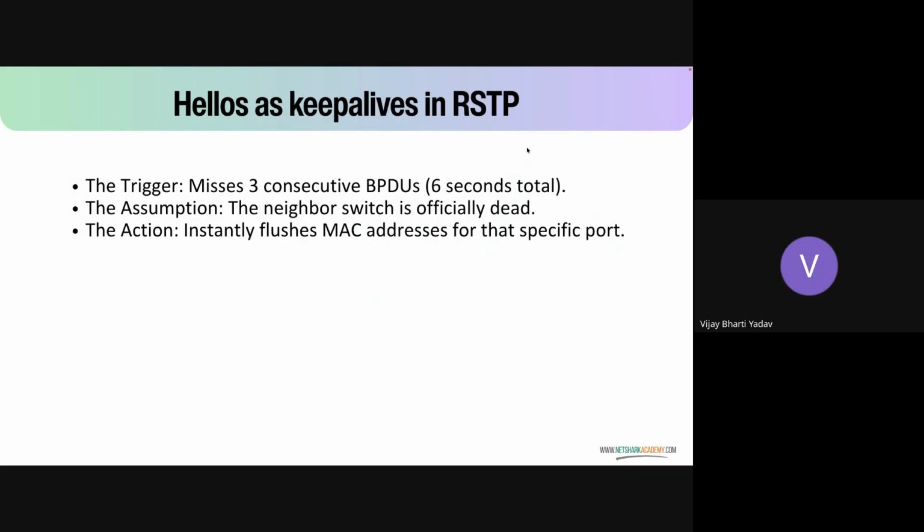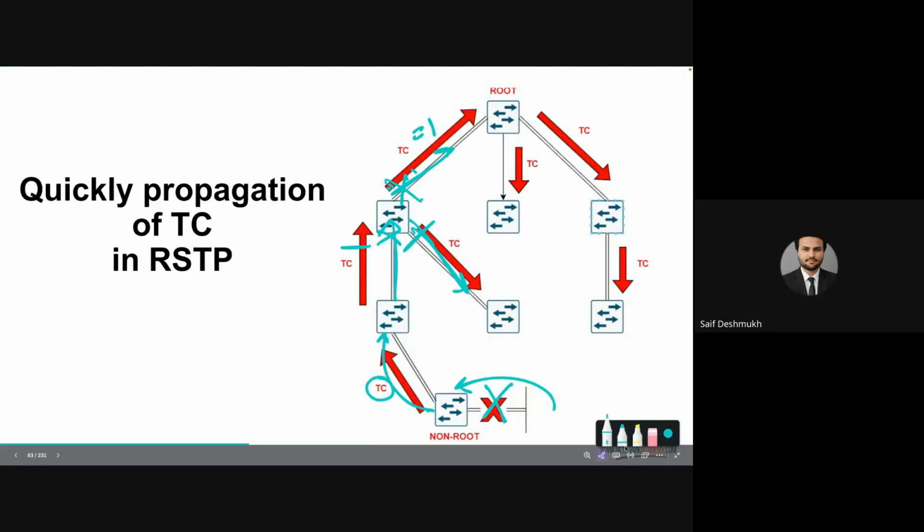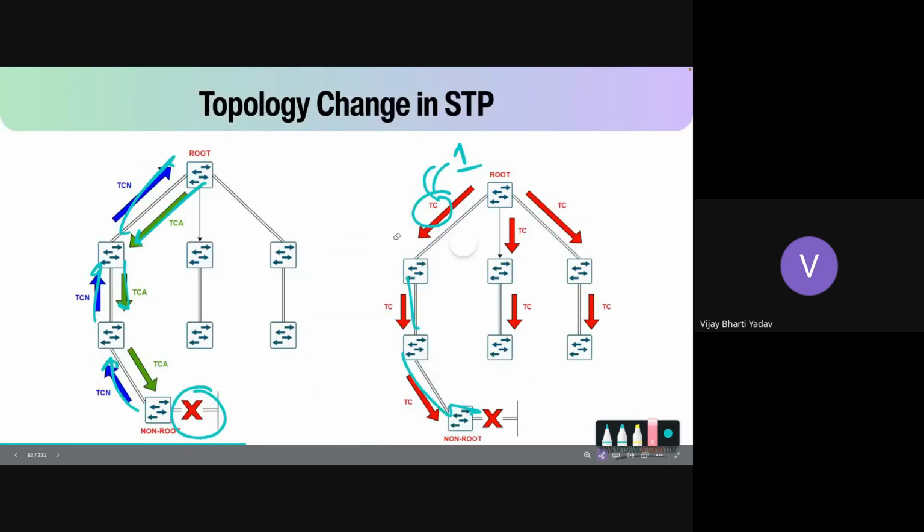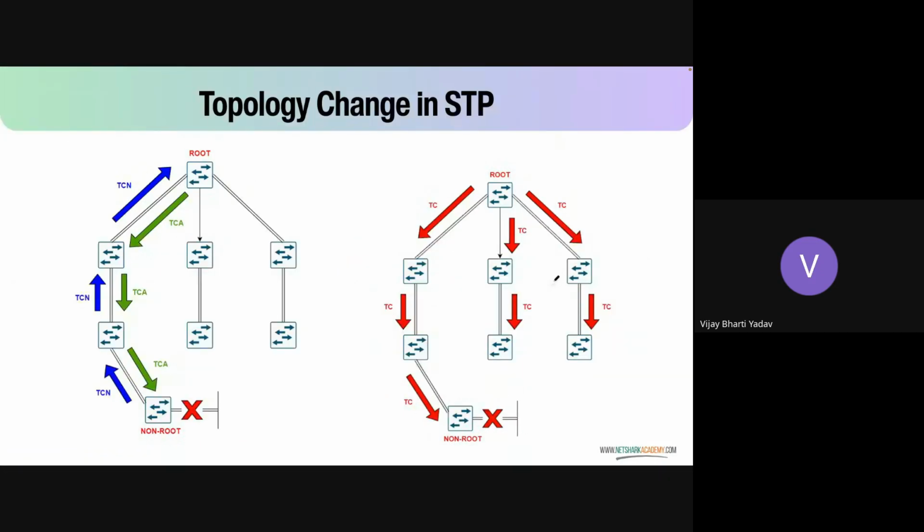Okay. Like in the earlier scenario, the topology change notification was sent to the root, and the root would propagate it to the complete topology. But in RSTP, the non-root port will send the topology change flag, and it will be sent via their links on.